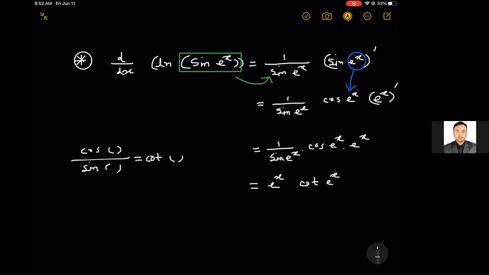Any question from this? I had a question actually. So I know cosine over sine equals cotangent. But if we didn't go to that full extent and left it as cosine over sine, would that be considered wrong?